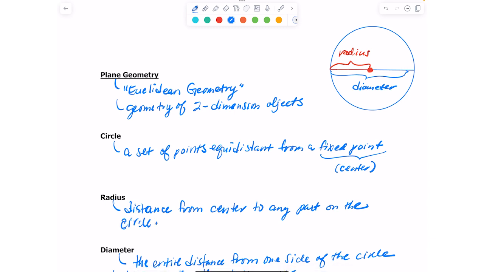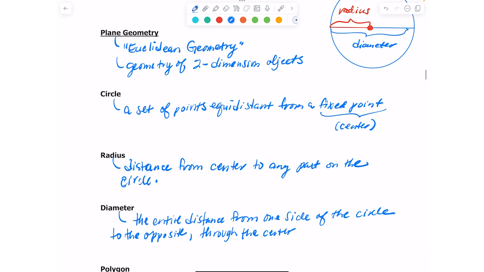And again, the radius is related to the diameter because it's half the diameter, and the diameter is 2 times the radius.